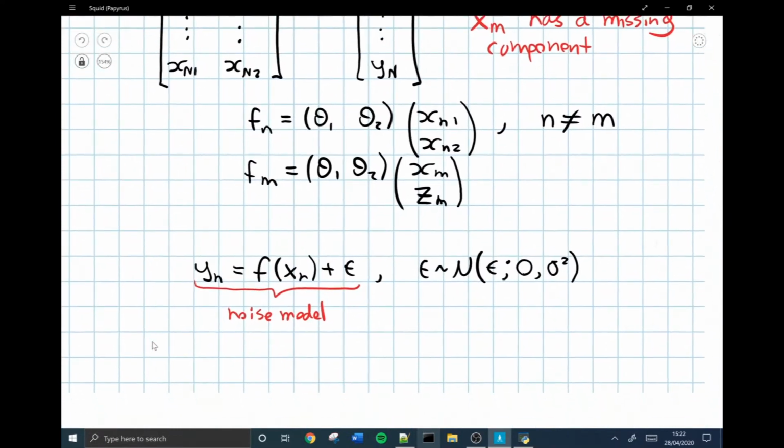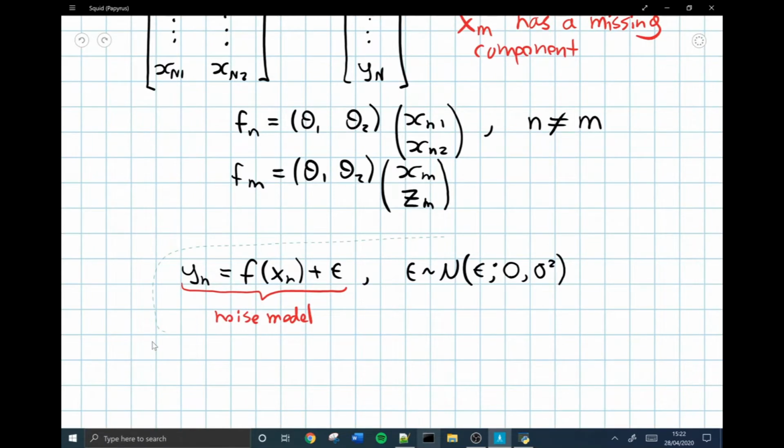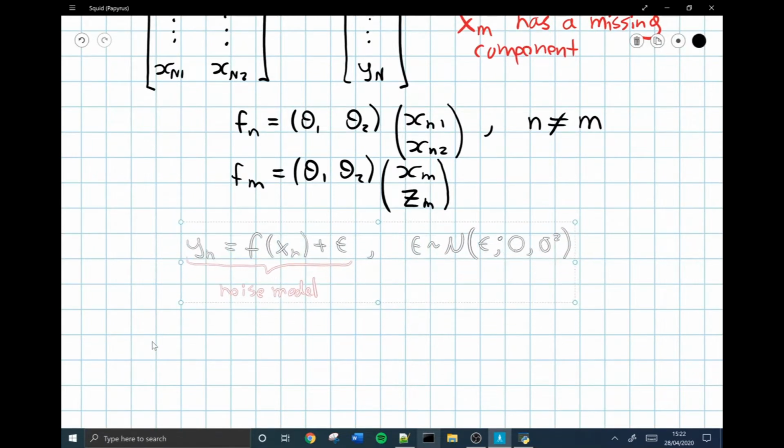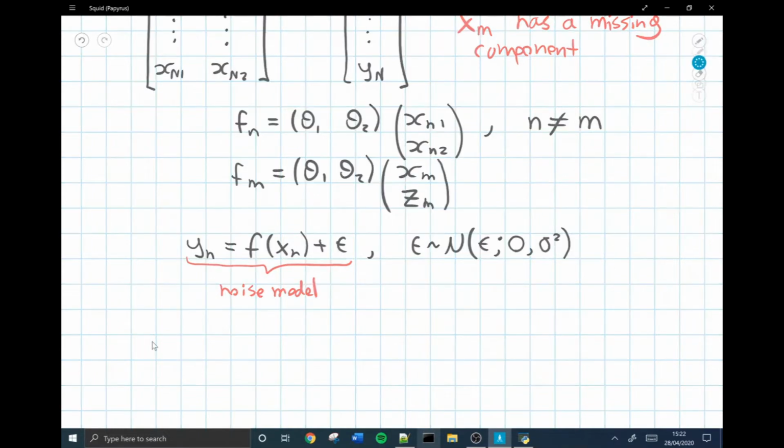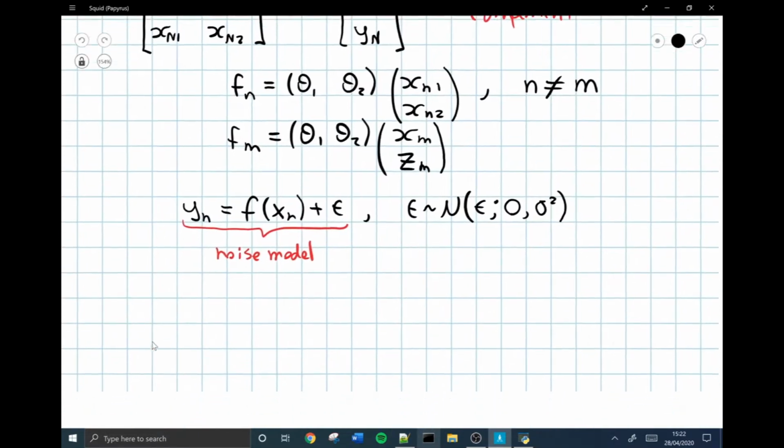Okay, so now this is a case where we can apply the EM algorithm because we want to estimate these parameters, theta1 and theta2, and also we want to estimate this missing data point, zm in this case.